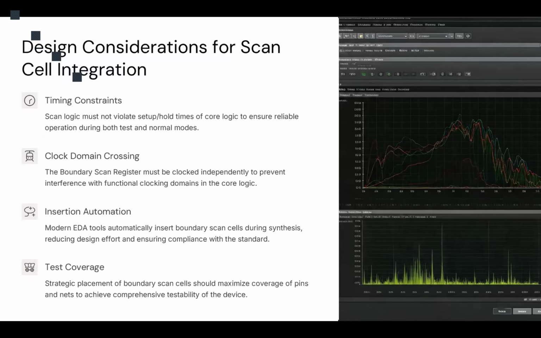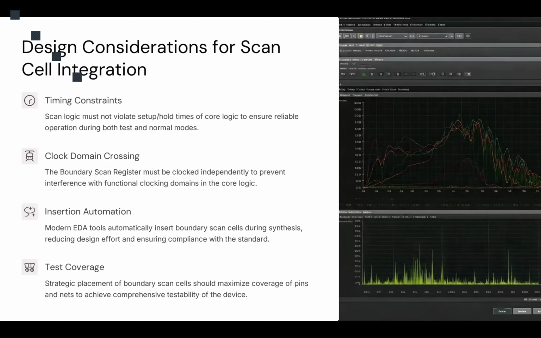This language is a file and a library with primitives that generates the scan logic consistent with the IEEE 1149 Part 1 standard.